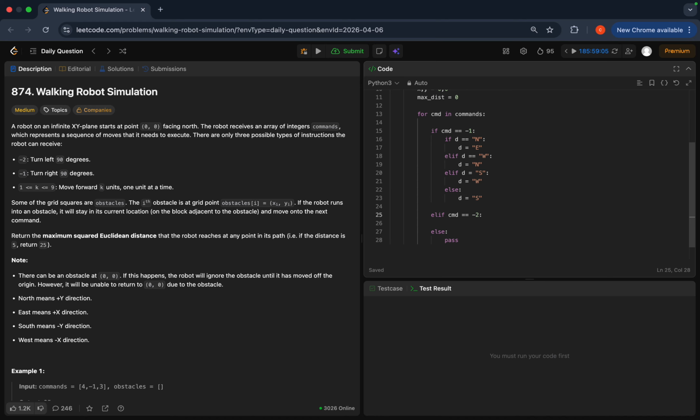So for this part as well we have to handle it. So if d is equal to, yeah, I have missed this. If it is equal to north, then what happens is this moves to left. If it is east here, then this should be west.